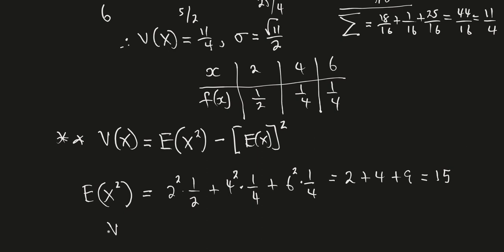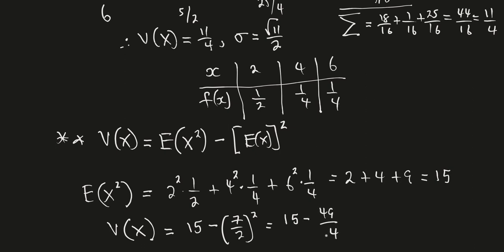So the variance is going to be 15 minus our mu, which is 7/2, squared. So what do we end up with? This is going to be 15 minus 49 over 4.